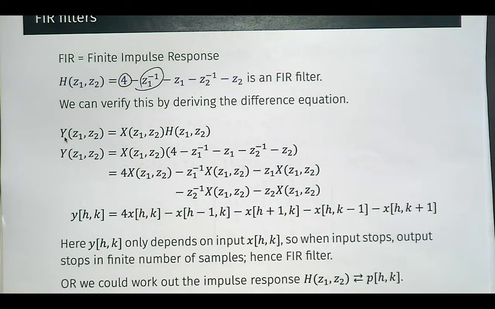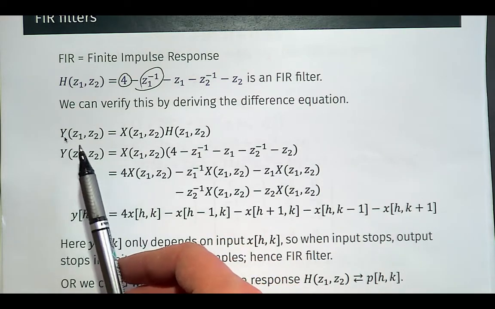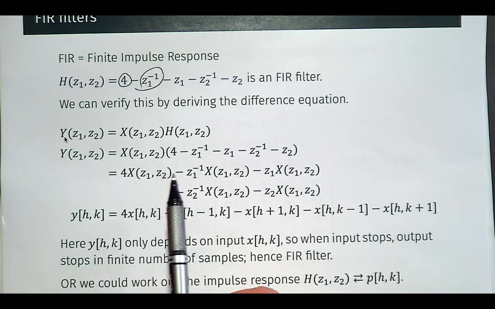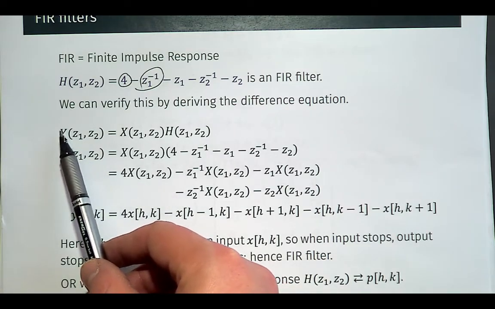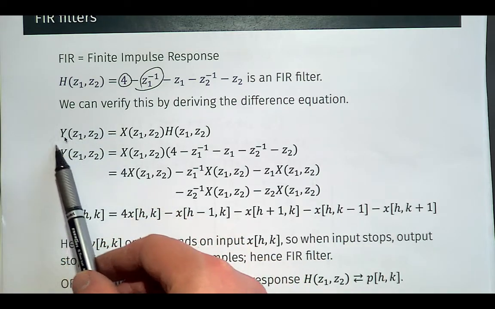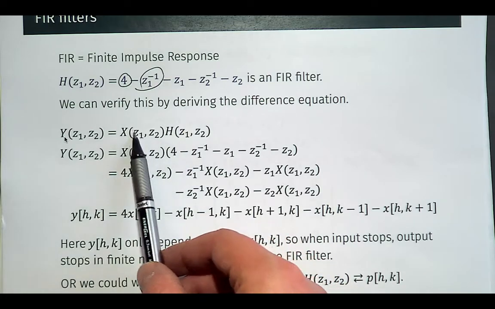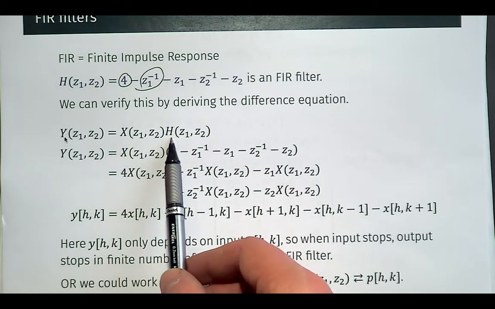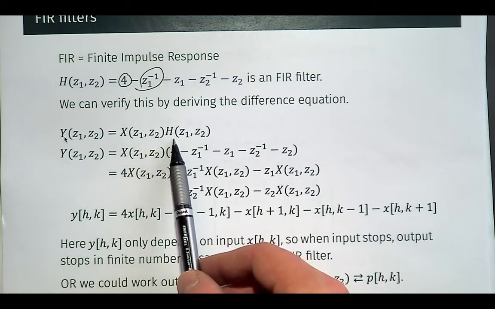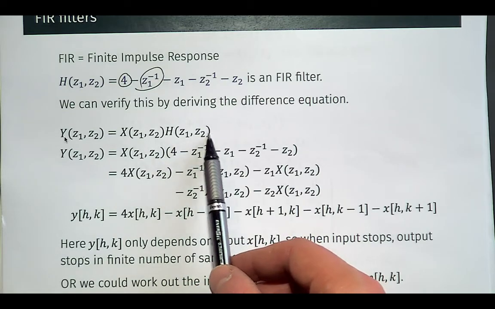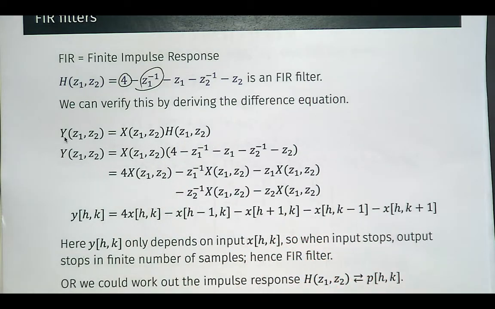Right, so this is what's happening. You have your system, and this is the output in the Z transform, and you do a multiplication of your input Z transform times the Z transform of your transfer function.